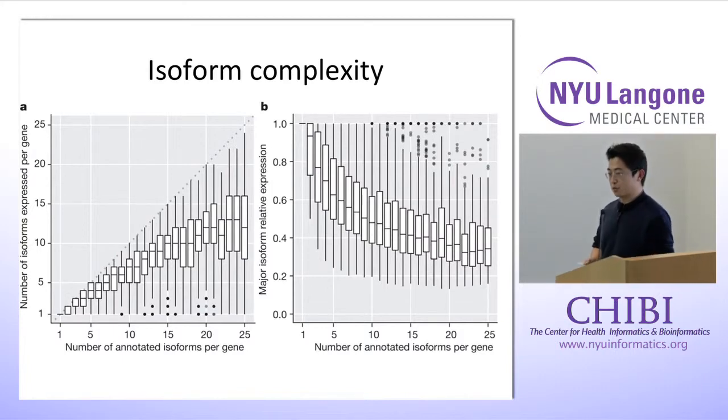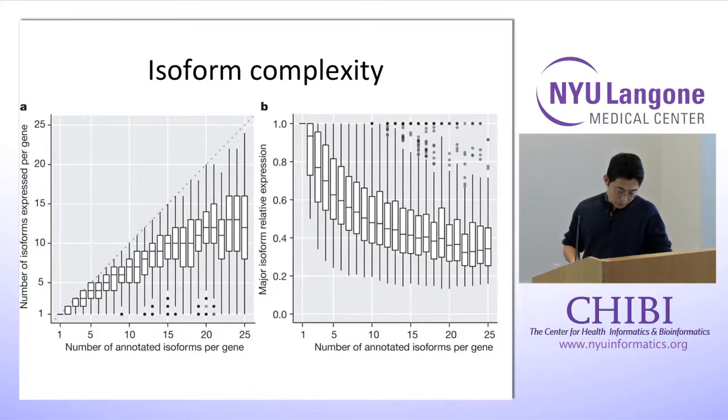You can have an estimated number of isoforms, but not all isoforms are expressed. It's reasonable that for genes with a lower number of predicted isoforms, the expressed number per gene is also low. But for genes with a high number of isoforms, not all of them are expressed. So this tells us that story.